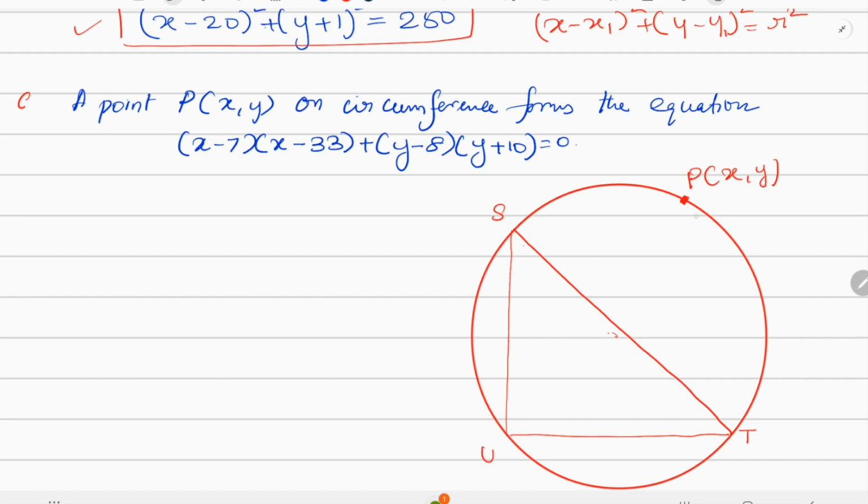Given point P on the circumference C with coordinates x comma y, we need to show, that means we need to derive the circle equation with respect to P.